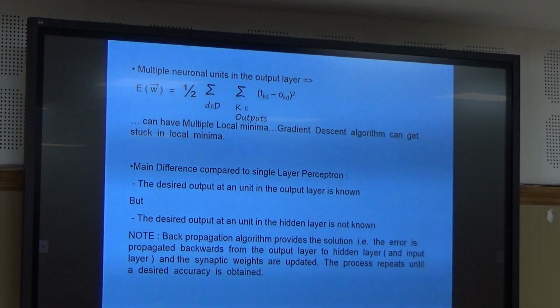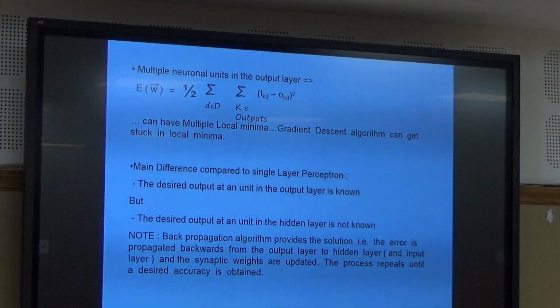The main difference compared to the single layer perceptron is that the desired output at any unit in the output layer is known, but the desired output at a unit in the hidden layer is not known. That's where, using the chain rule, Werbos, the PhD student at Harvard, came out with the backpropagation algorithm.